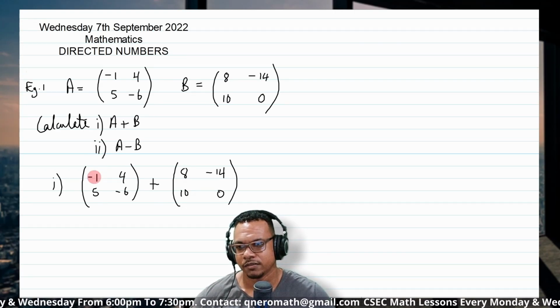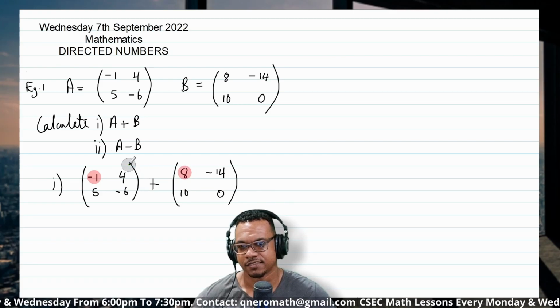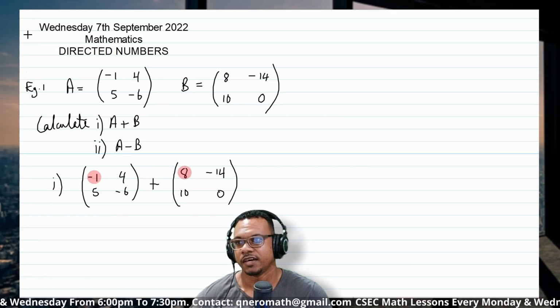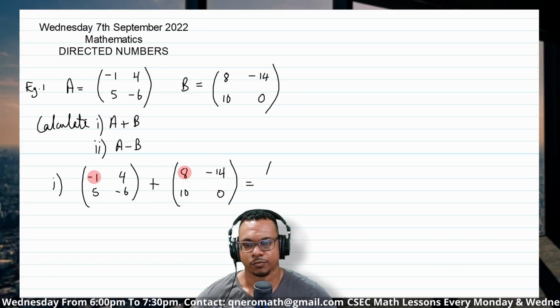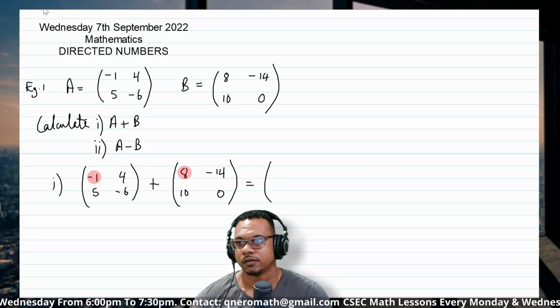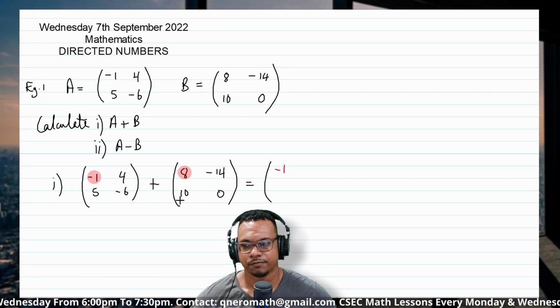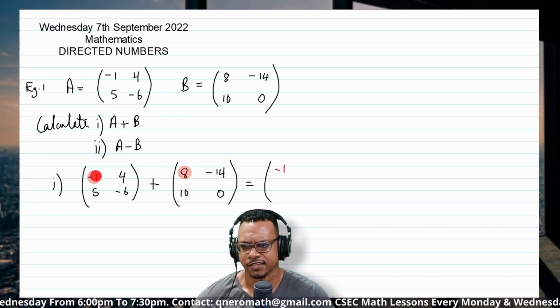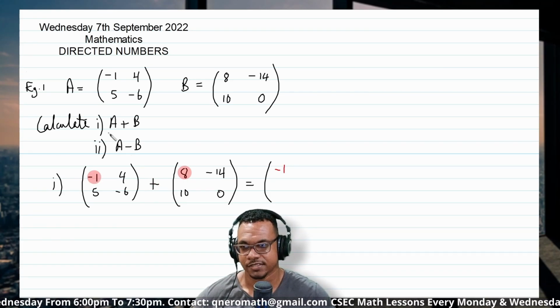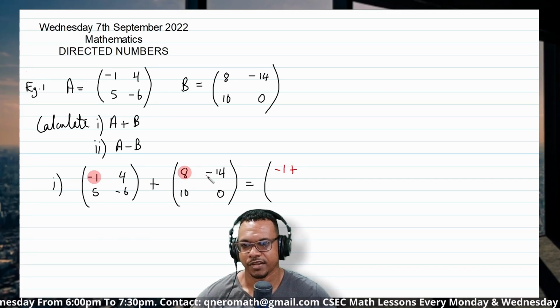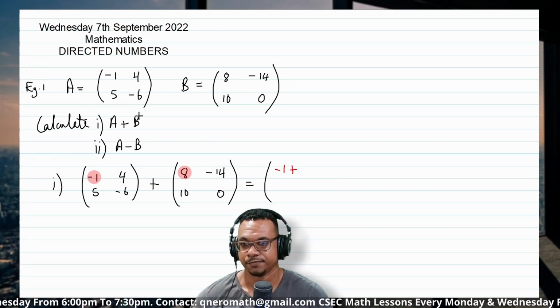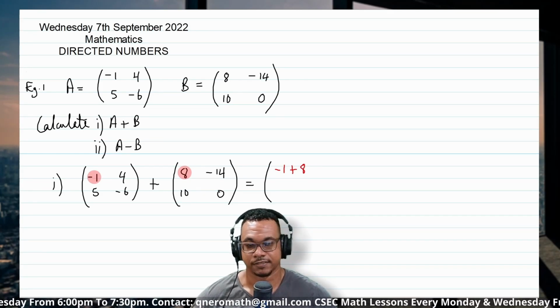This -1 would line up with this 8. So in brackets, we're going to have -1, and that's because here's -1. You have a plus sign, so plus, and then we're going to have the positive 8, so 8.